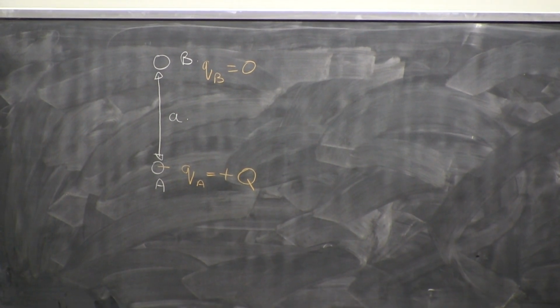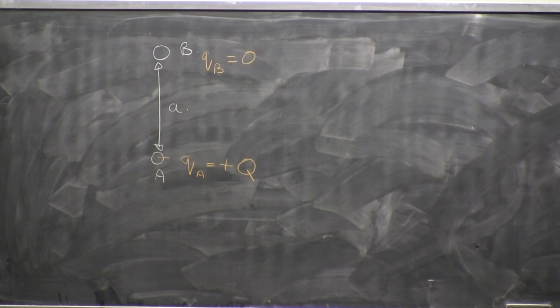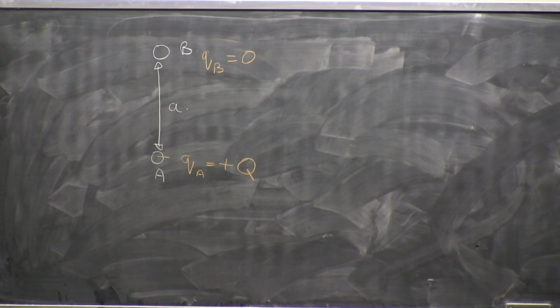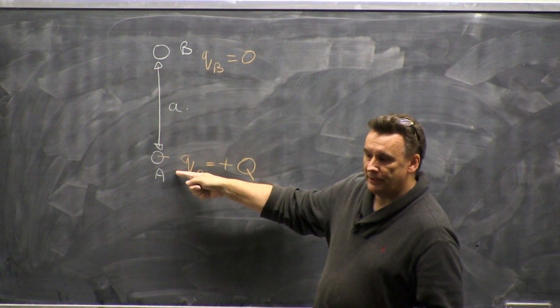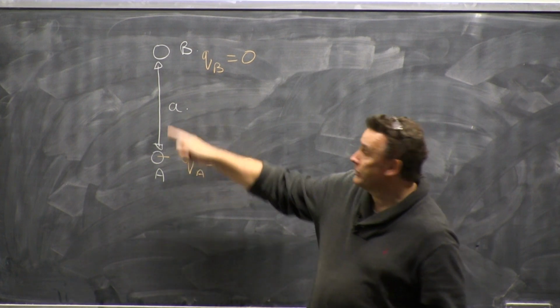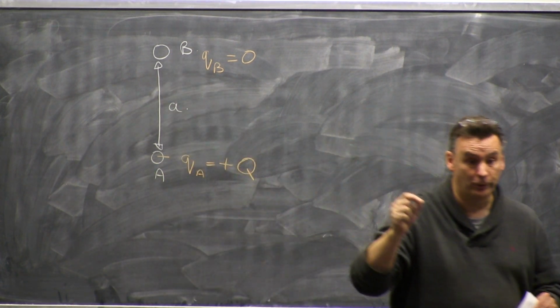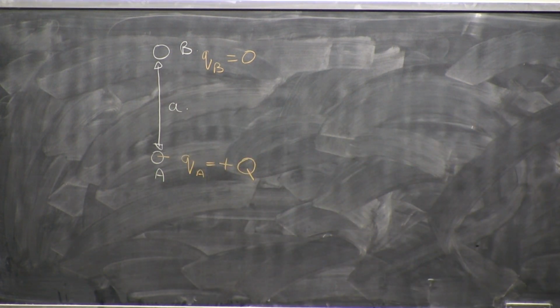Anyone else? I apply Coulomb's law. 1 over 4 pi epsilon naught Q1 Q2 over a squared. The force on B due to A or on A due to B is 0 because there's no charge. I need 2 charges to get a force. So if there's only 1 charge, there's no force.